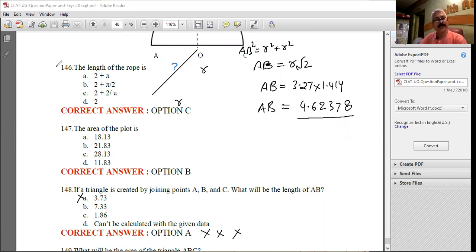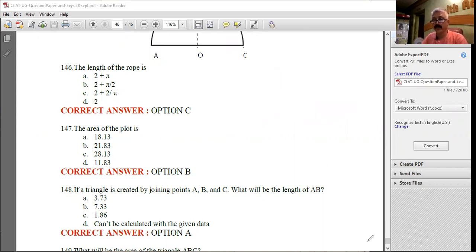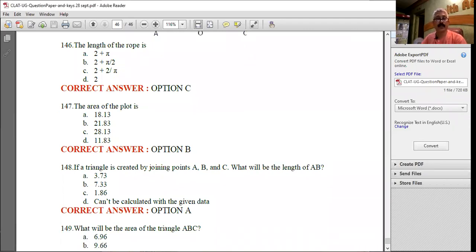So 146 wrong, 147 wrong, 148 also wrong. Now see question number 149.